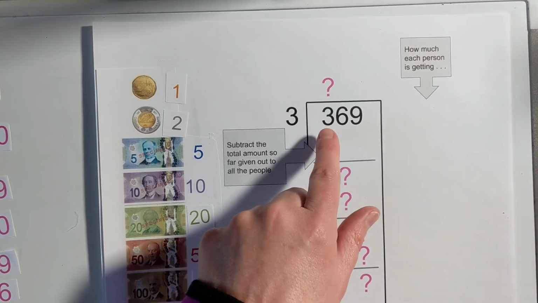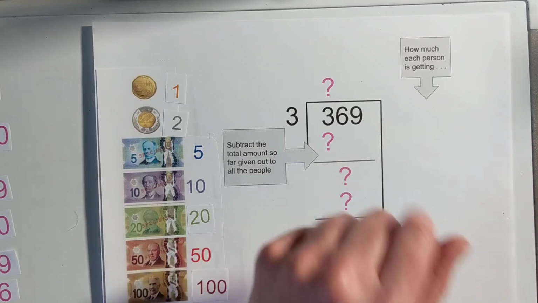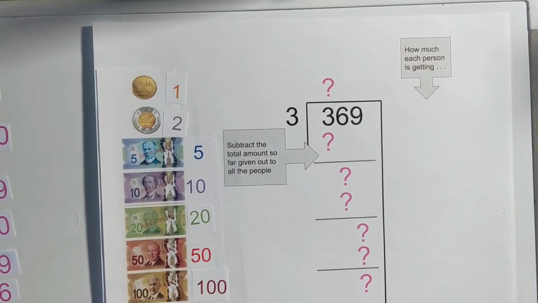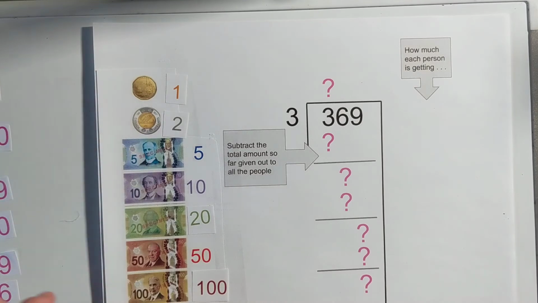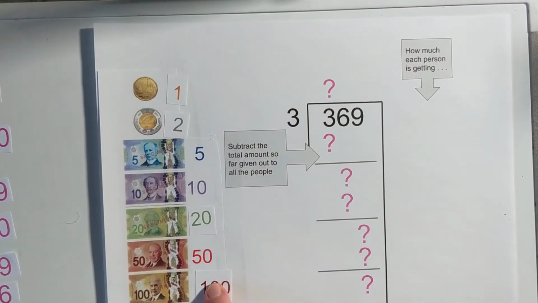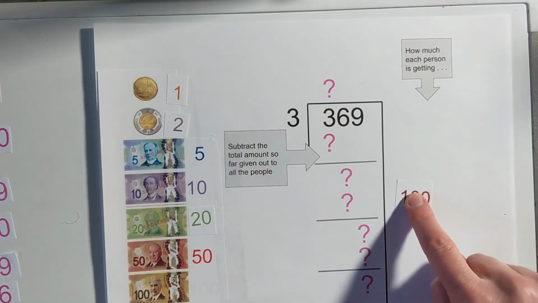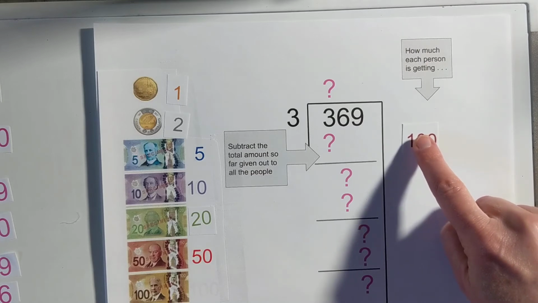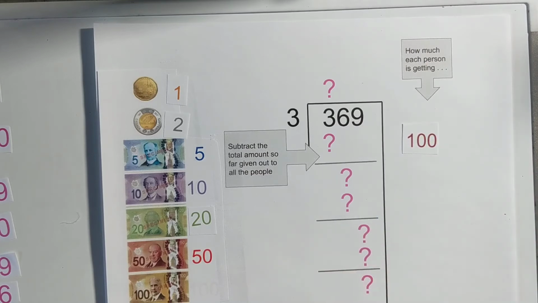So if I have 369, the largest amount that I can give each person is $100. So I'm going to go ahead and drag this. So that's what you would do on the Google slide. You would drag it over to that column.